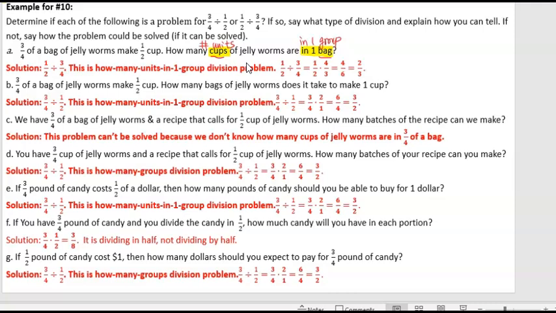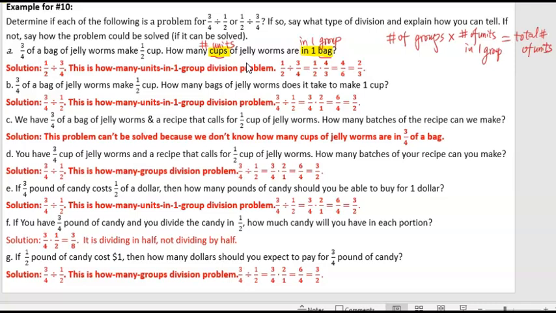So we need to know how many, and if we go back to the definition again, number of groups times number of units in one group always equals the total number of units in these many groups. So I'm just going to write down total number of units.